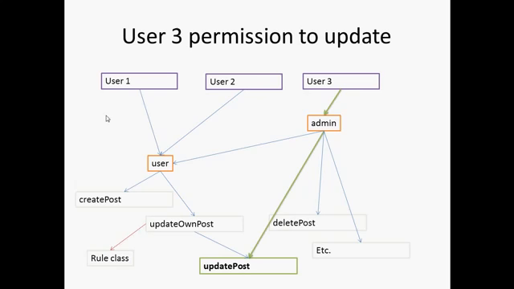Well, in this first example, user 3, who is an administrator, wants to update their own post. What the code does when you ask for permission is use the database to find out all the information about these rules and about the hierarchy. It starts down here with the permission you have asked for, and then it goes through the database and says, first off, is there any rule in here?